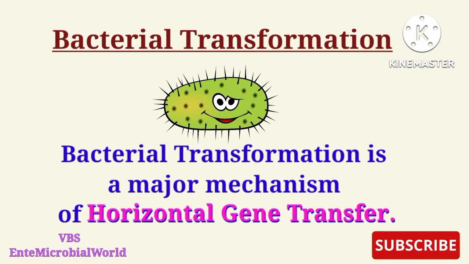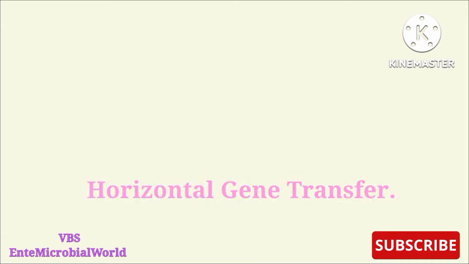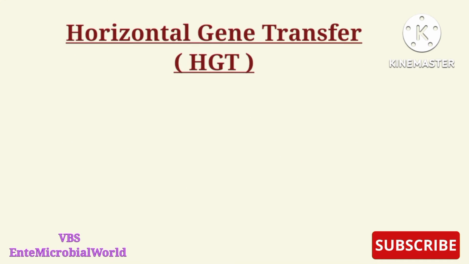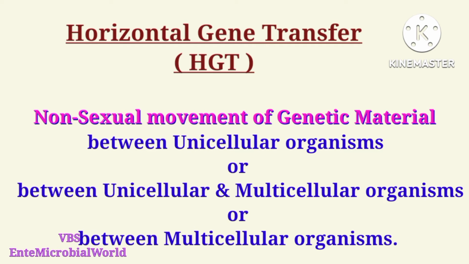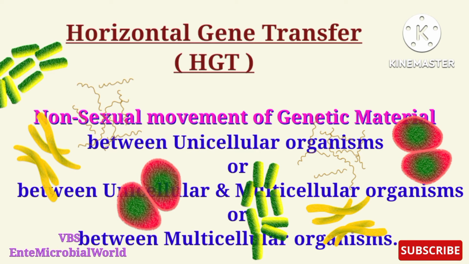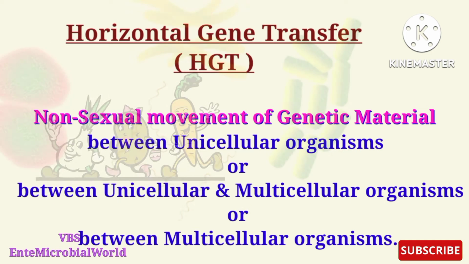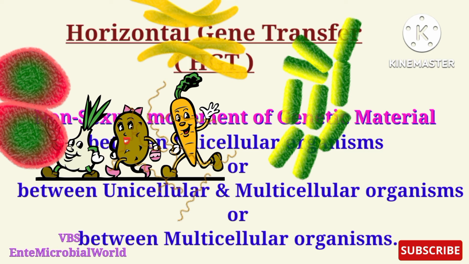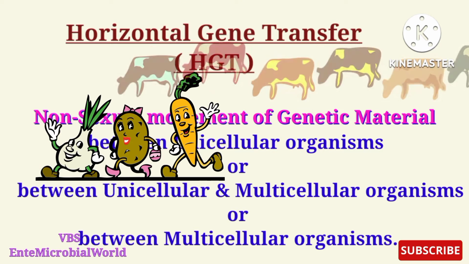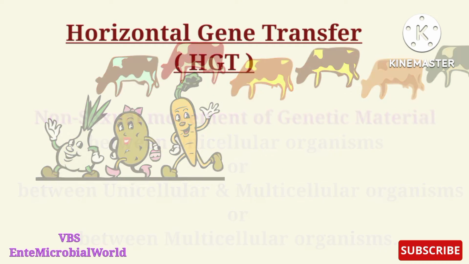Let's see, what is horizontal gene transfer? Horizontal gene transfer is the non-sexual movement of genetic material between unicellular organisms, or between unicellular and multicellular organisms, or between multicellular organisms.